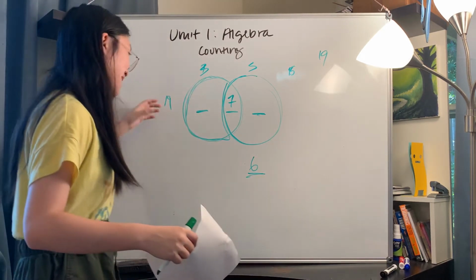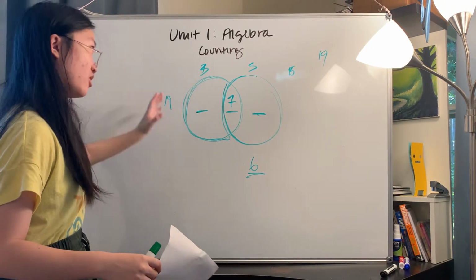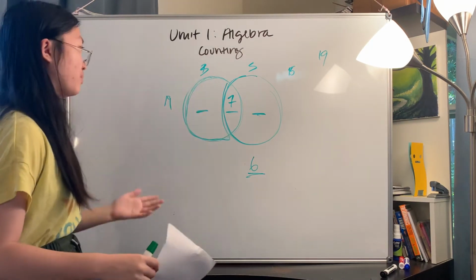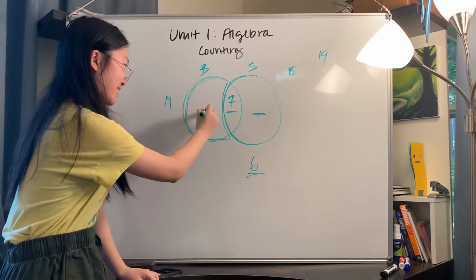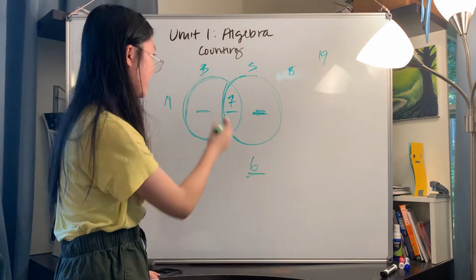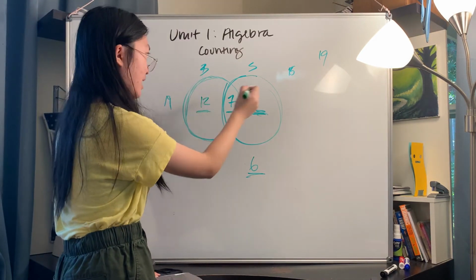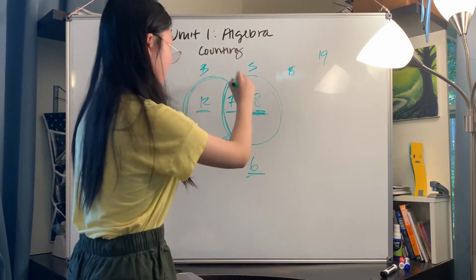But this is just any student who has a brother. So those students may also have a sister, and we don't know. But we know that there are 7 students with both, so we can figure out what's in here and here. So 19 minus 7 is 12, and 15 minus 7 is 8.